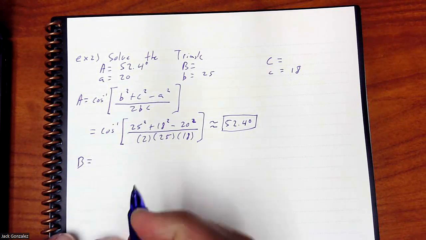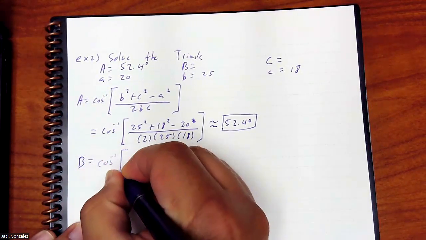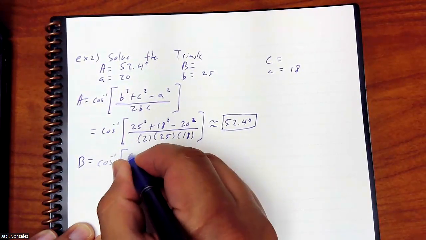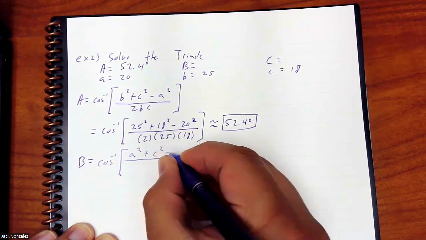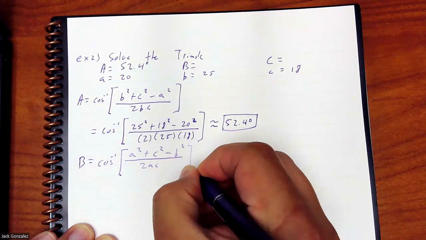Okay. Capital B is cosine inverse of A squared plus C squared minus B squared over 2AC.